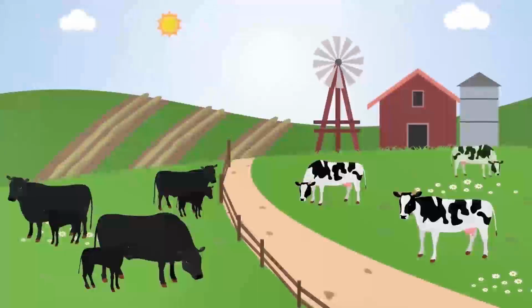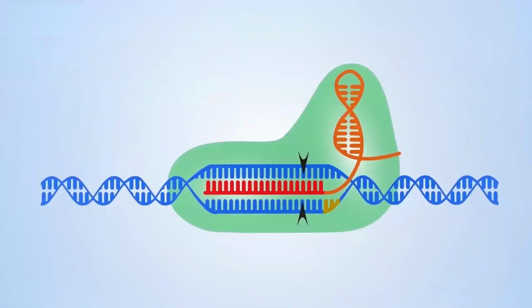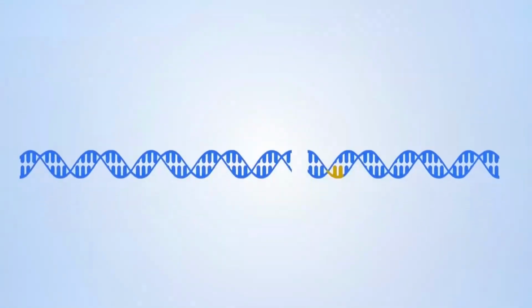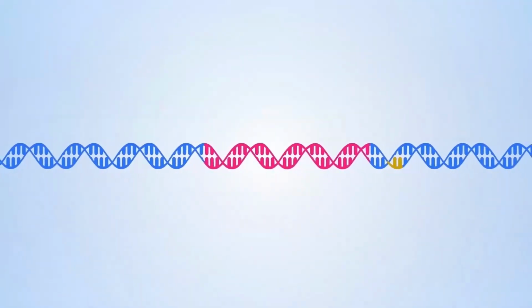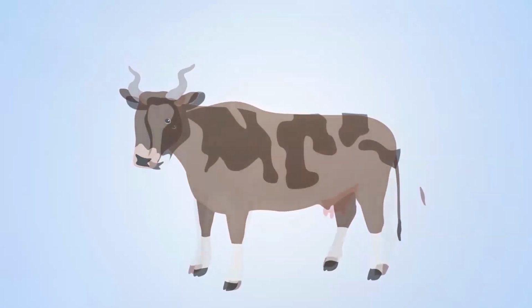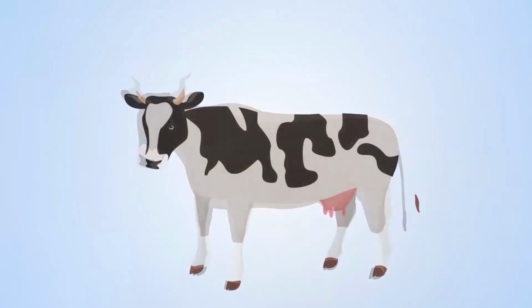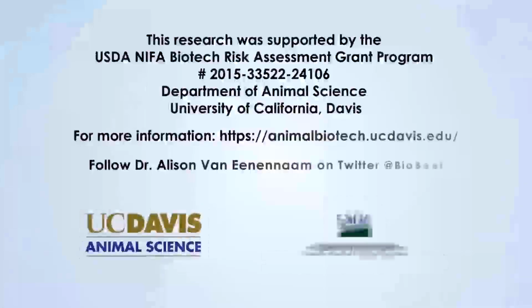This can be used to inactivate undesired genes, like those that cause disease. Alternatively, the repair machinery can introduce useful DNA sequences which result in desirable traits, like heat tolerance. Genome editing complements traditional breeding methods. It has the potential to introduce useful traits like disease resistance and adaptability into genetic improvement programs, addressing some of the problems facing global agriculture.